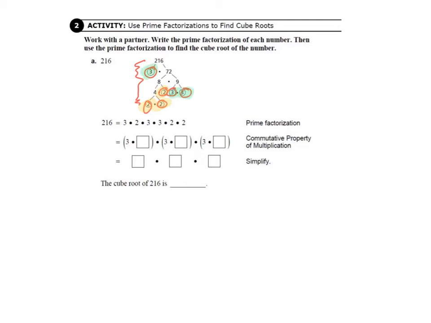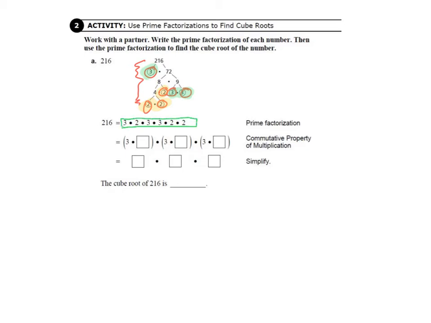So when we put these together, we can break 216 down into 3 pairs of factors that are all the same. So 216 is 3 times 2 times 3 times 3 times 2 times 2 as up here.